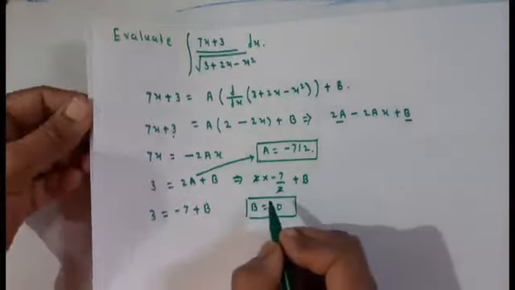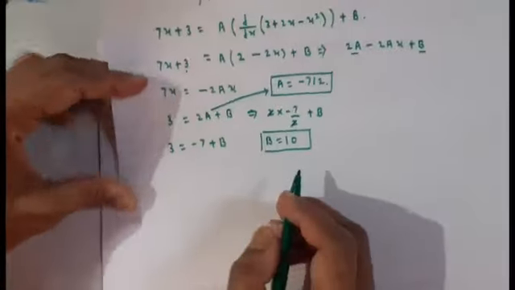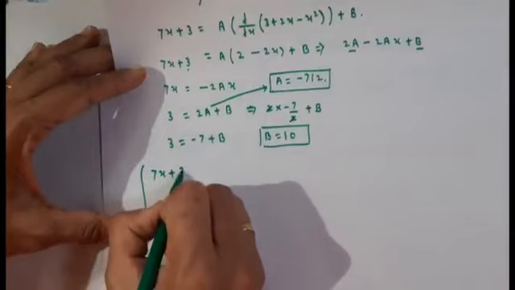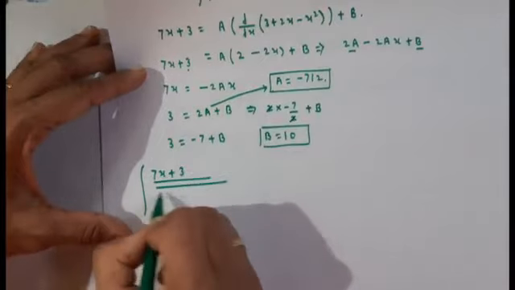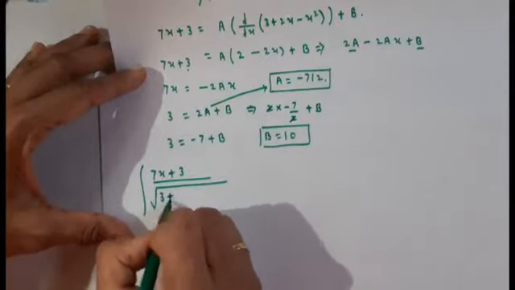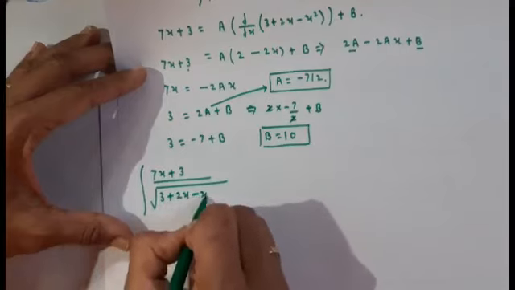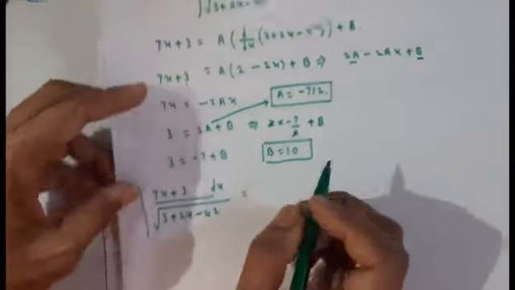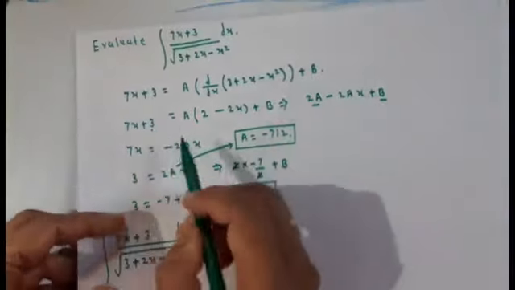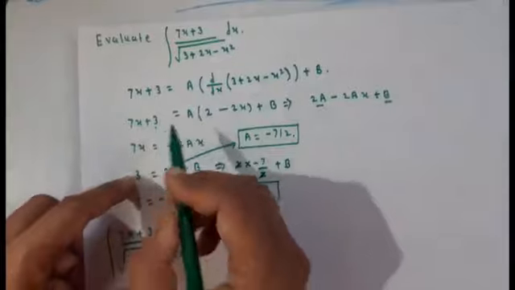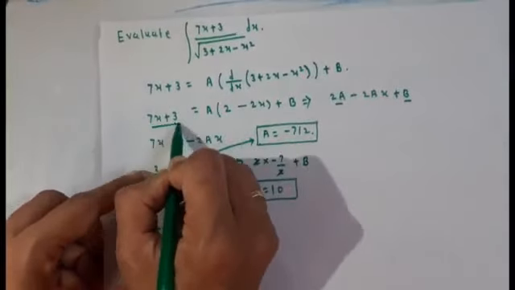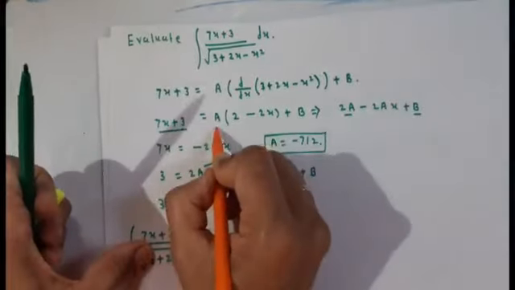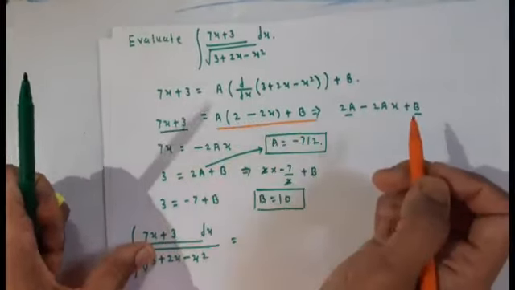Okay students, now the integration of 7x plus 3 upon square root of 3 plus 2x minus x square with respect to x is equal to, we have to write the numerator 7x plus 3 in the form a into the derivative of the denominator plus b.